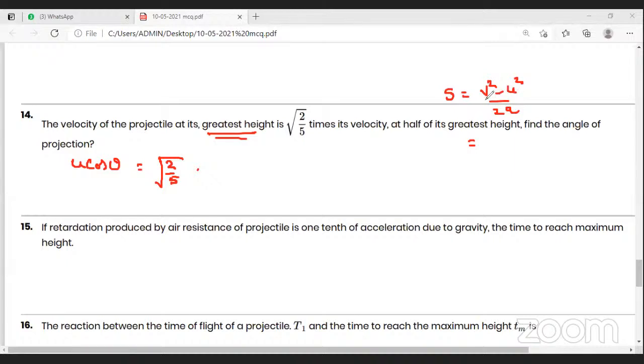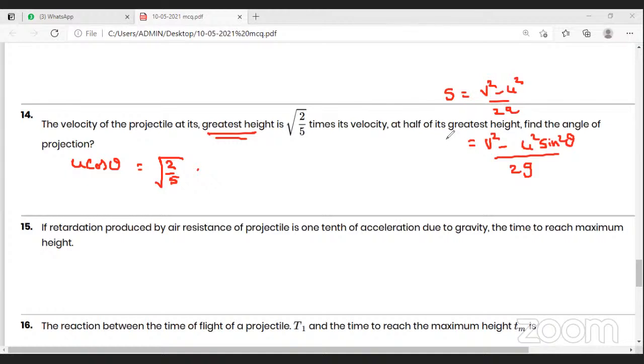Okay, now what is the final velocity? What is v square here? At half of its height only, that you have to find out. Minus the initial velocity, u square sin square theta by 2g.